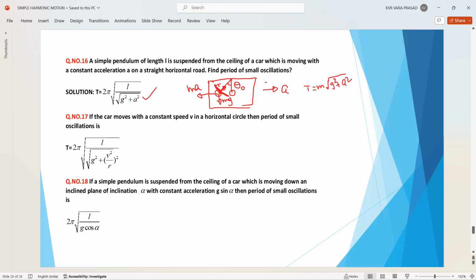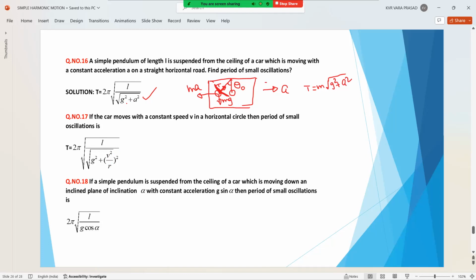See the next one. If the car moves with a constant speed in a horizontal circle, then the period of small oscillations is. Now here the only change from the above problem is in place of a, we have v square by r, which is the centripetal acceleration.